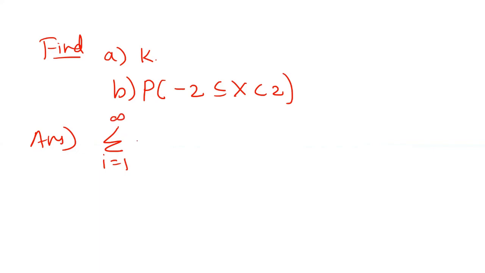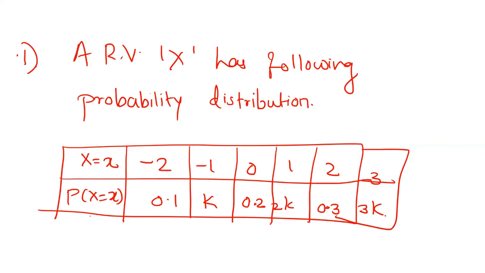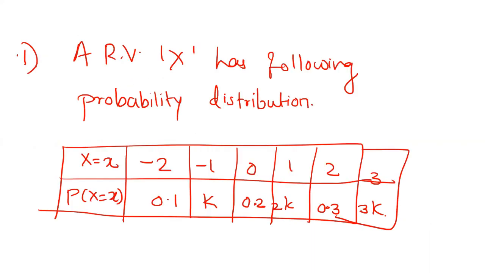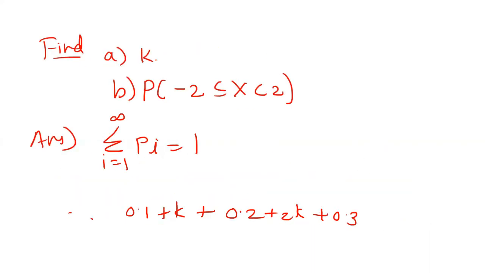Therefore, just add all these values: 0.1 plus k, plus 0.2 plus 2k, plus 0.3 plus 3k is equal to 1.